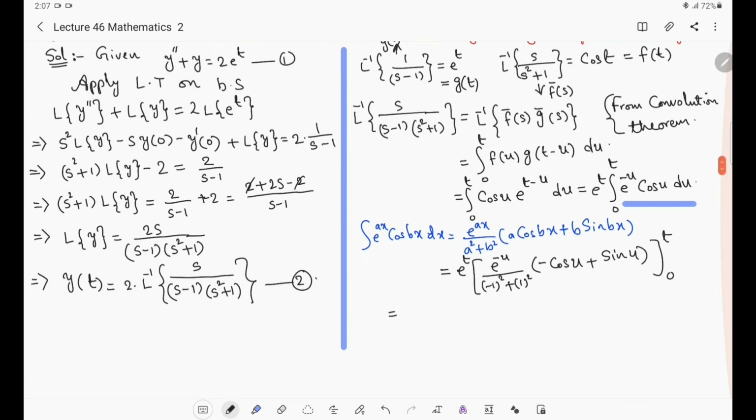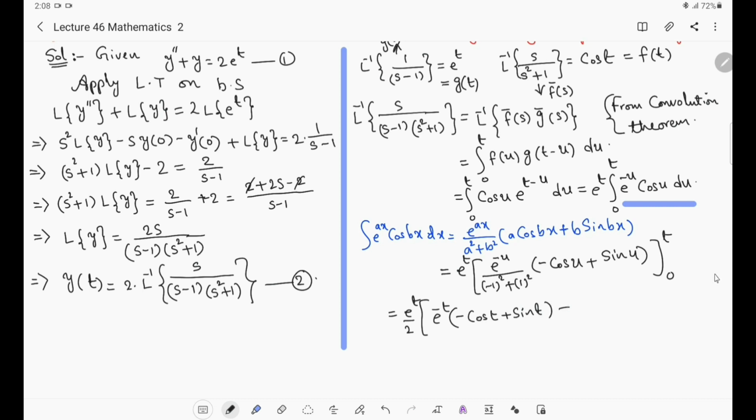So this is equal to e power t into, what will happen here, 1 plus 1 will get 2. So that 2 can be written outside. Now what will remain? E power minus t. When you substitute the upper limit, it is e power minus t into minus cos t plus sin t.